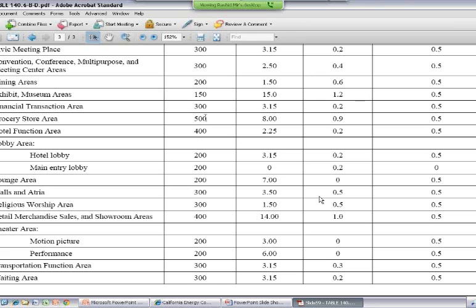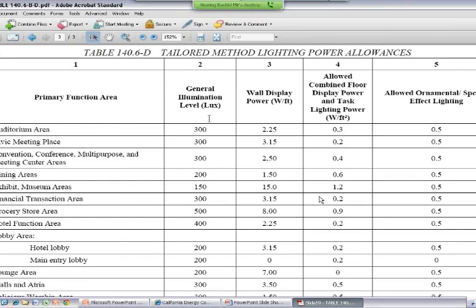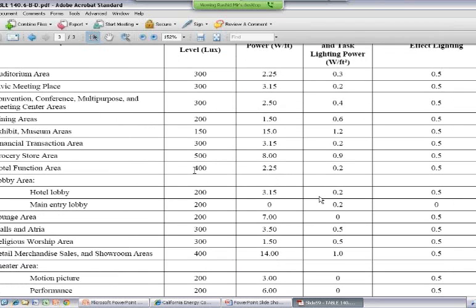Under the current regulations, for the tailored method, you are allowed a general lighting watt per square foot, which is dependent upon your luminance category. But moving forward, if you want to use the tailored method, you still have watts per square foot for your specific task lighting, but in regards to the general lighting, it's a general illumination level lux value now, not a watts per square foot.